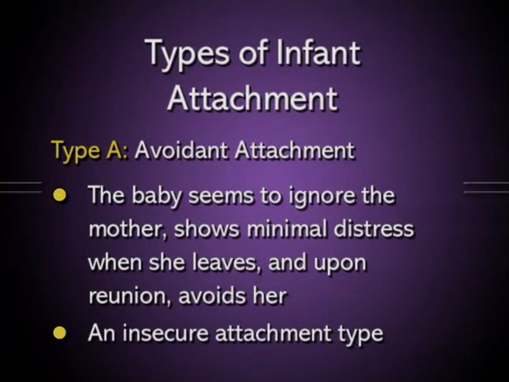Does not seem to be too emotional. Does not seem to care whether she leaves. When she comes back, there isn't too much response. In fact, the baby almost stays away, sometimes won't make eye contact. Now, this is an insecure attachment type, according to Ainsworth.